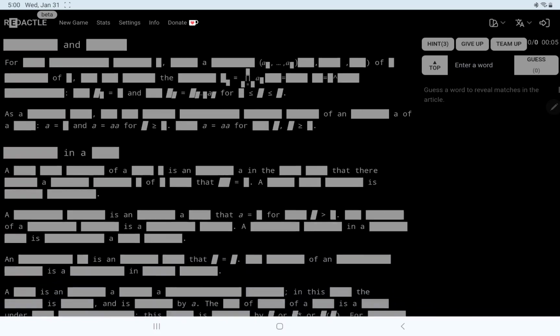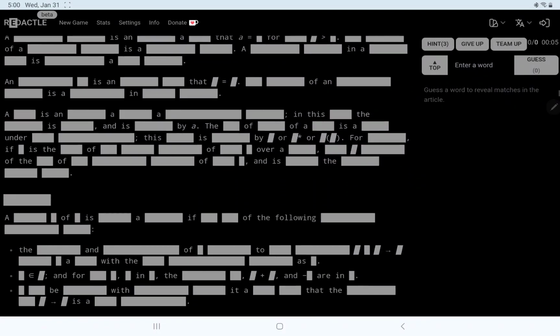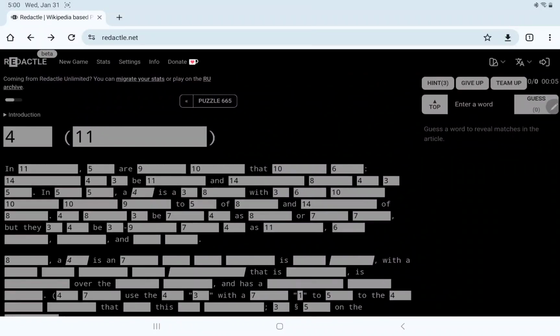Long article. Yeah, I don't think I'm going to read through the whole thing. I want to get a move on here since I'm doing this so late in the day. I'm going to try some set thing.